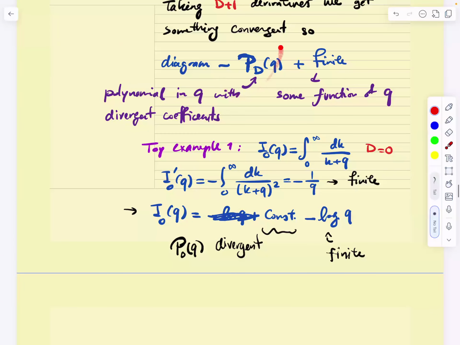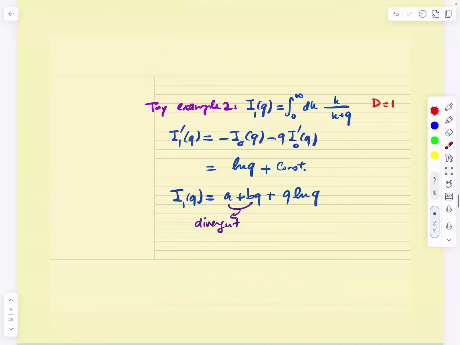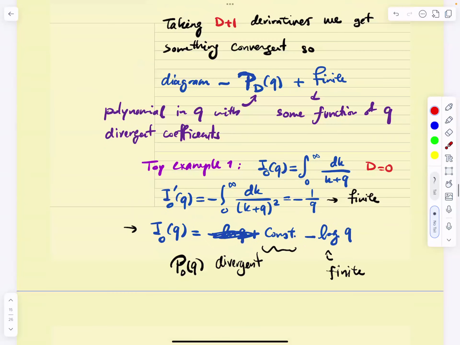So these are where the divergences are. D is 0, so it's just a constant term. The finite piece is minus log of q. We found the finite piece by first taking a derivative with respect to q, taking the integral, and then integrating it out. There will be a constant term, and all the divergences are in that term. Questions?